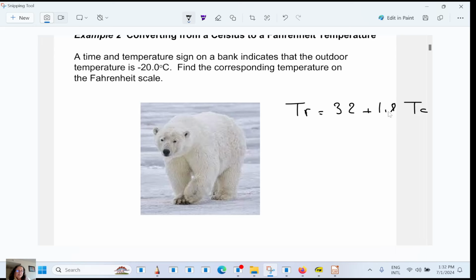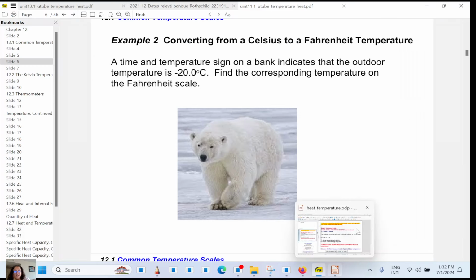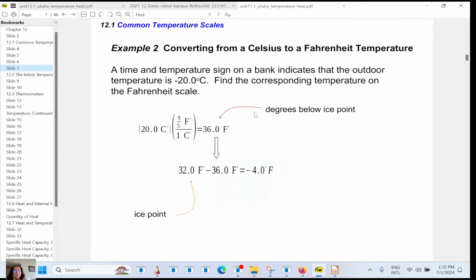And here you have Celsius. Now you have to be careful. That's going to be a negative 20. And you can solve for the Fahrenheit. Okay, so you can stop the slide or the video. And that's what you should get.